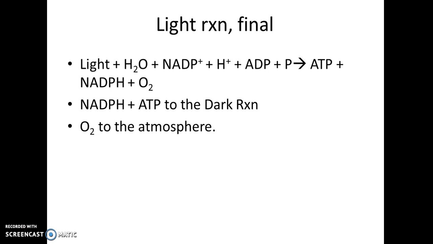So this is the overall look at the light reaction, in which we take light, we take water, NADP plus hydrogen ions, plus ADP and phosphate to get ATP, NADPH, and oxygen. Okay. So now the NADPH and ATP move to the dark reaction, or the dark side, and oxygen will go to the atmosphere and allow us to breathe and use it in the production of energy.